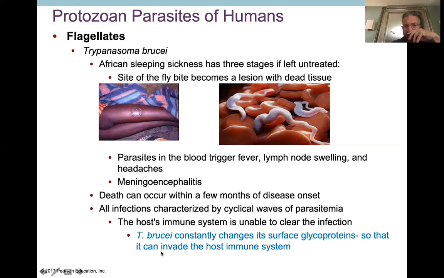And I wrote down here in blue for you guys, Trypanosoma brucei constantly changes its surface glycoproteins so that it can evade, not invade, the host immune system. So whenever you see any kind of fluctuating pattern, remember that the organism is changing its glycoproteins or its surface proteins. So we have to make new antibodies to tag it using the complement system, if you guys remember that at all.